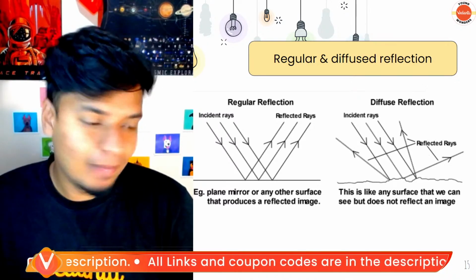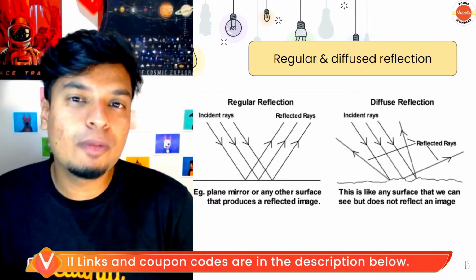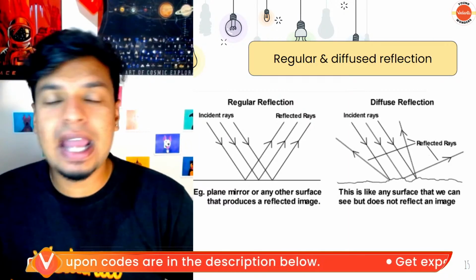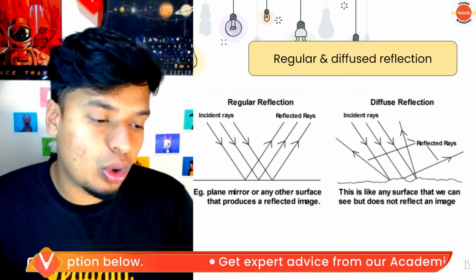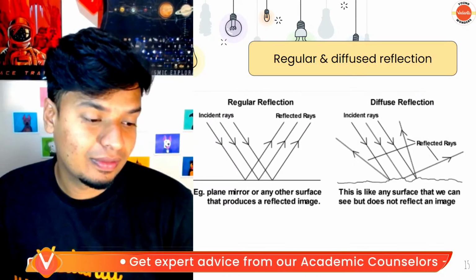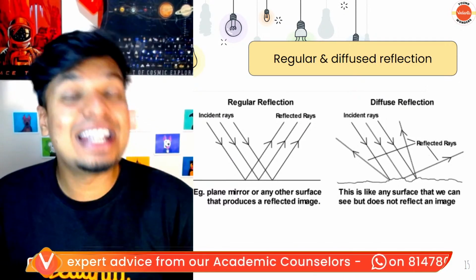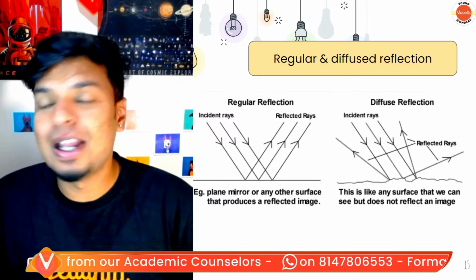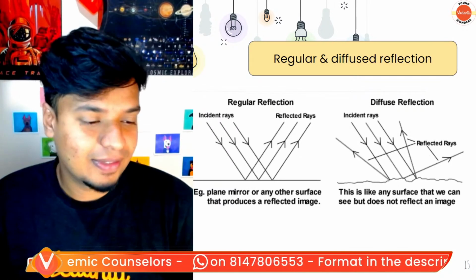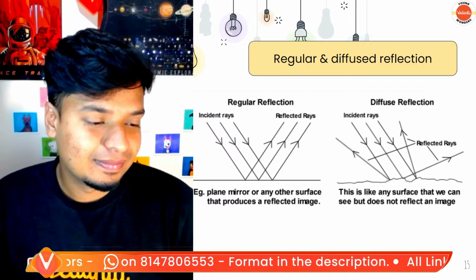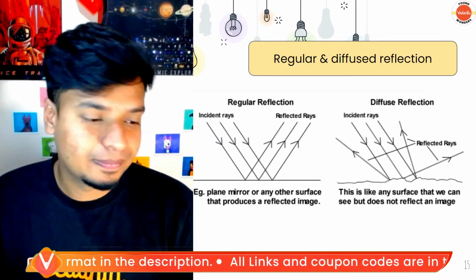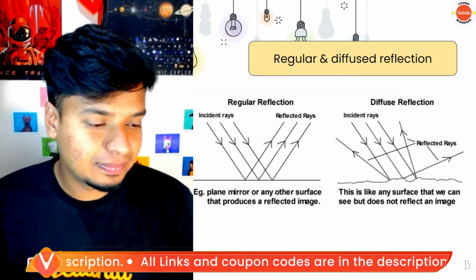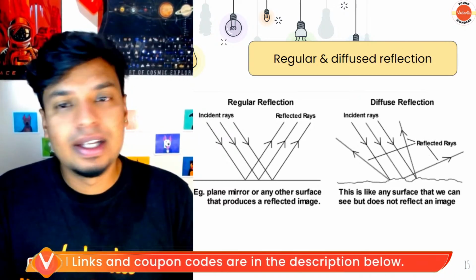You don't think so? Guys, it will be the same. The laws will not be compromised. Okay? Reflection might not happen properly, but the laws will be the same. Got it? Good job, guys.